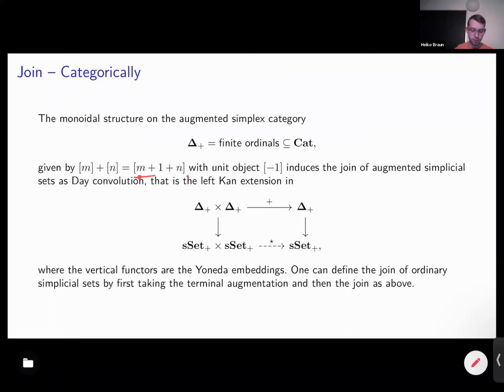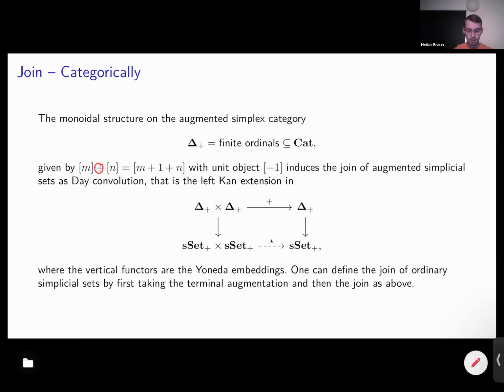If you check it, the formula might look strange, but the reason why we add the +1 here is just if you count all the vertices, then here you have M plus 1, here you have N plus 1, and then in total you have M plus 1 plus N plus 1, which is exactly how many vertices are in here. And you just put them next to each other and induce maps to get this plus into a bifunctor.